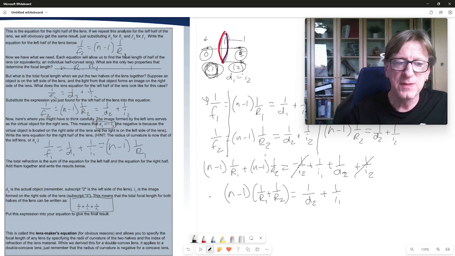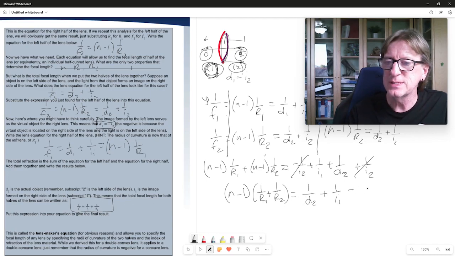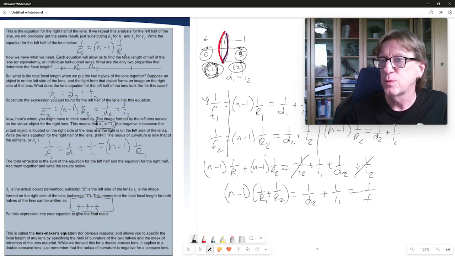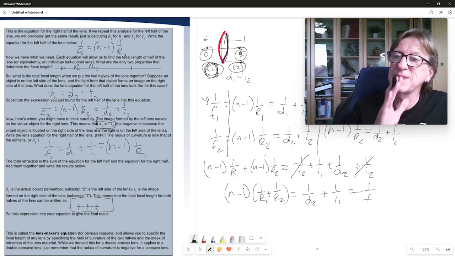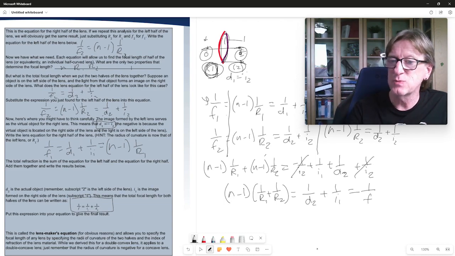So if this is my lens equation, we said that this was equal to 1 over the focal length. But here, the focal length is the focal length of the entire lens because we've put both of them together. Think about whether that makes sense: the object for this lens is on that side and it's producing an image at I1.